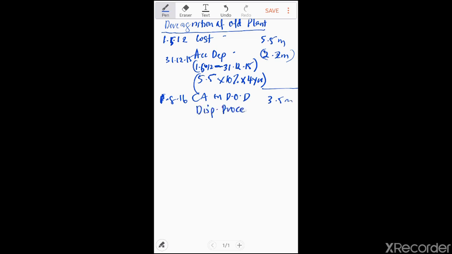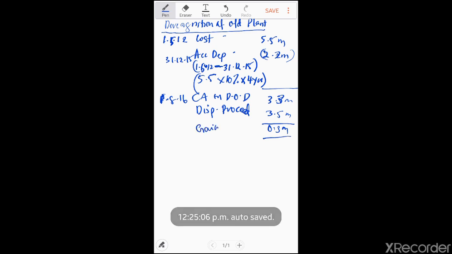The proceed is given in the last part of the sentence in the second last paragraph. 3.3, 3.5 here. So 0.3 million is the gain on disposal.